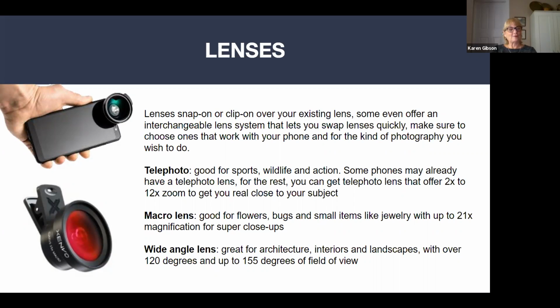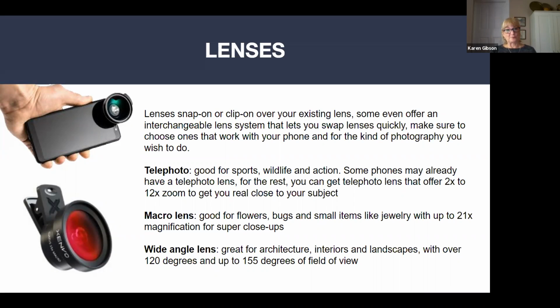Lenses. You can actually purchase lenses to snap on or clip on over your existing lens. Some even offer an interchangeable lens system where you can swap out the lenses quickly. But make sure you choose a lens that works with your phone and for the kind of photography you wish to do.